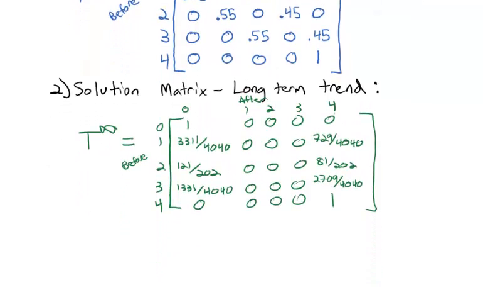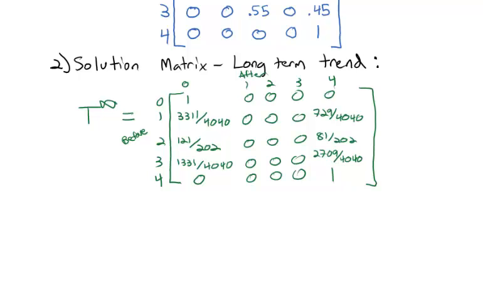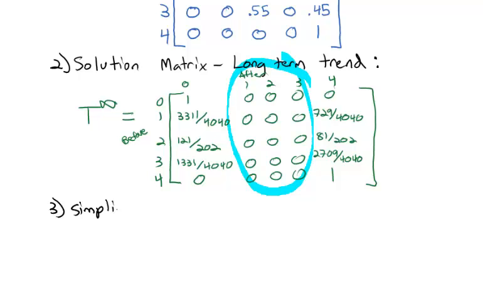However, this is kind of redundant in that we've got this annoying center of all these zeros. So sometimes we simplify this down to a simplified solution matrix, where we just show the absorbing states on the top.